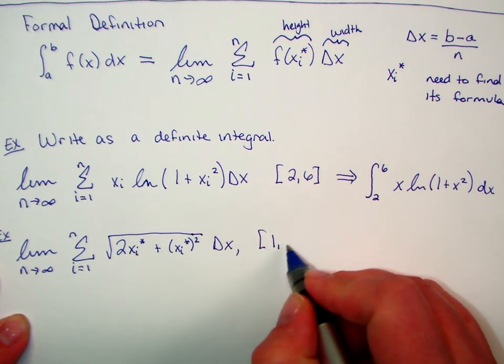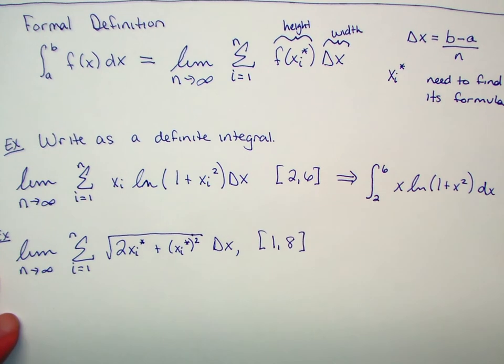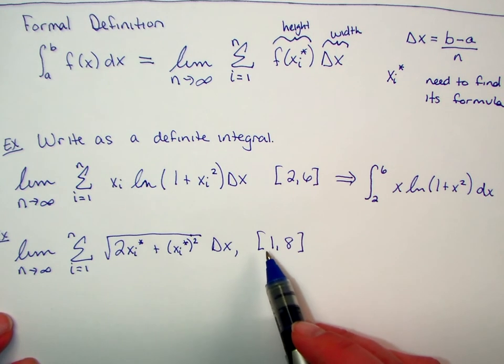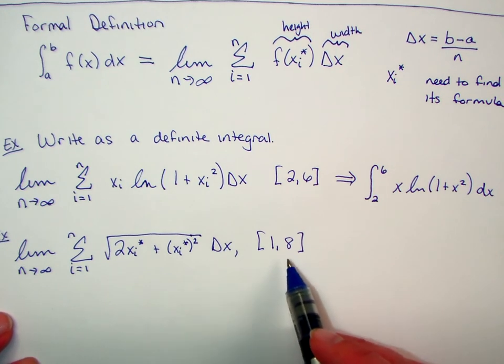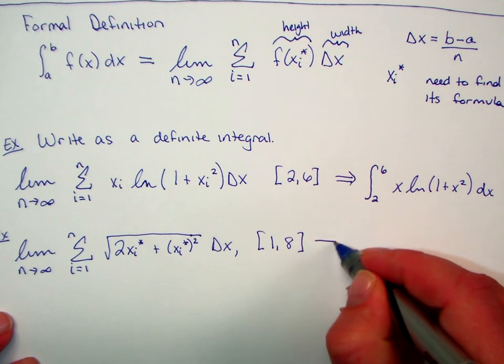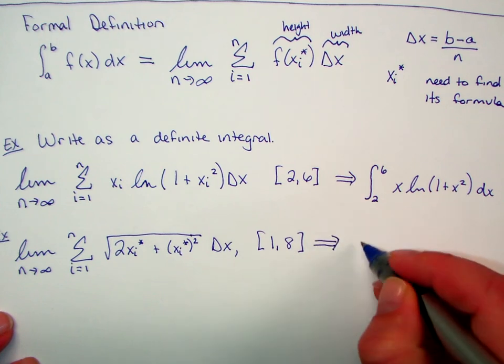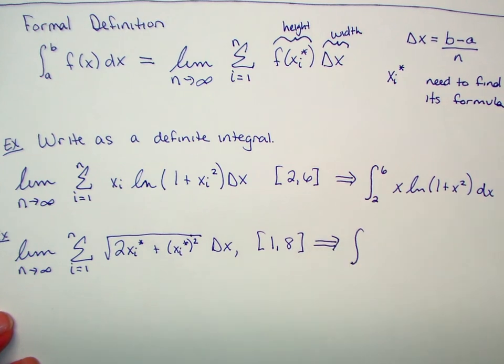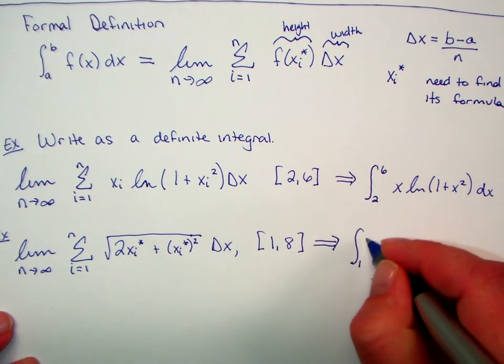And this limit is going from 1 to 8. So a is 1 and b is 8. Again, the first clue is 1 is going to be our lower limit and 8 is going to be our upper limit. So if I was to write this as an integral, we're going to integrate from 1 to 8, right?